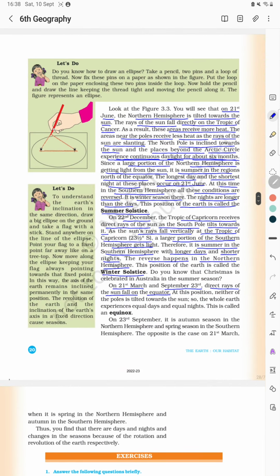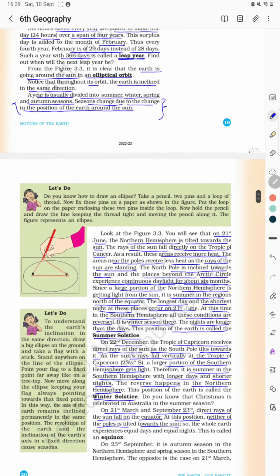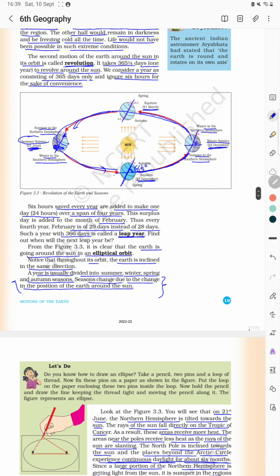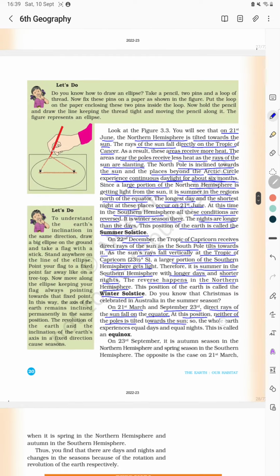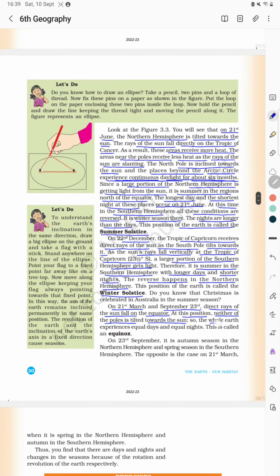At these positions neither of the poles is tilted towards the sun, as we can see from the figure. So the whole Earth experiences equal days and equal nights because the poles are not tilted towards the sun.